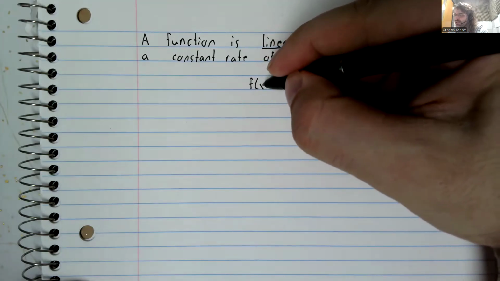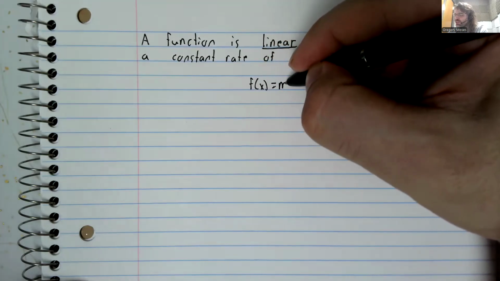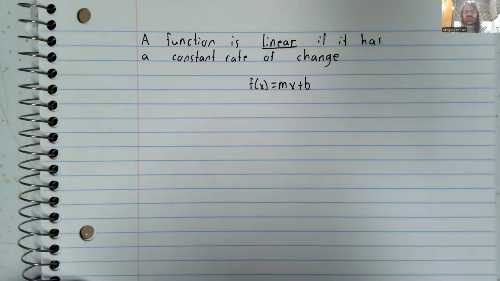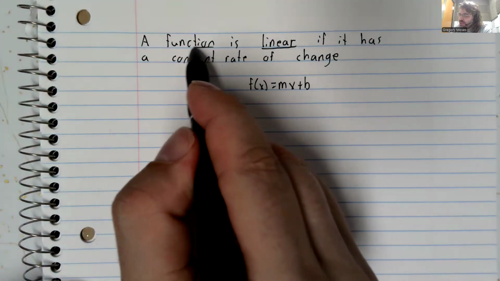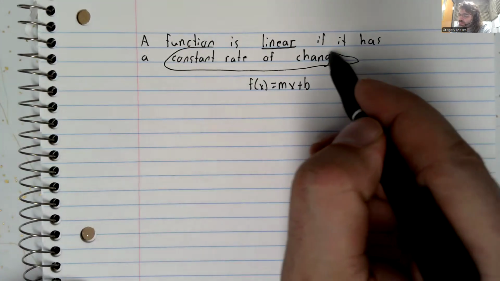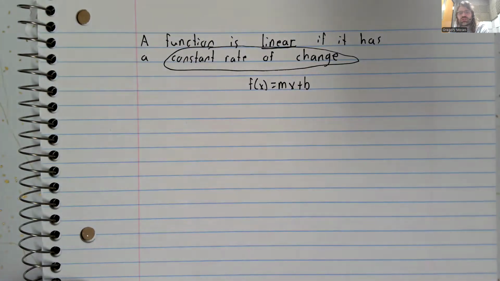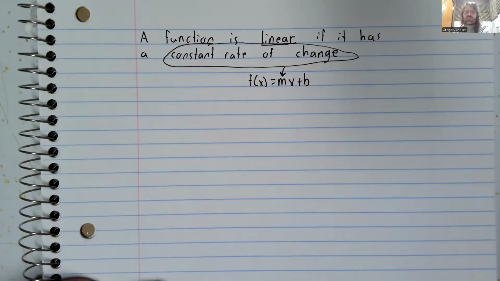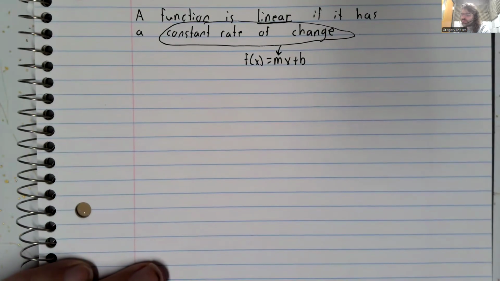If we write the form of a linear function, f of x equals mx plus b, this constant rate of change is the m.